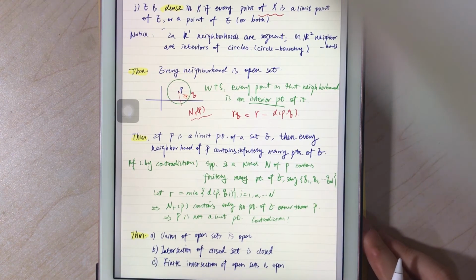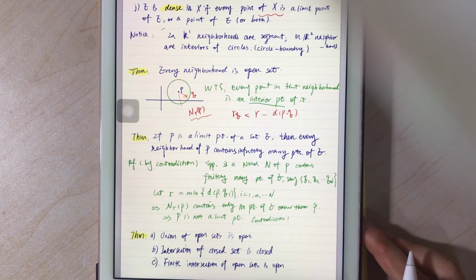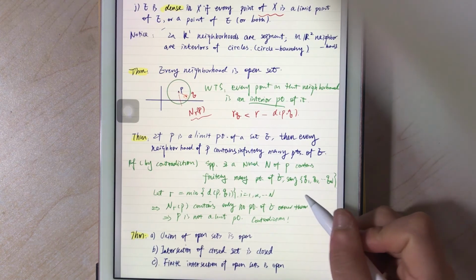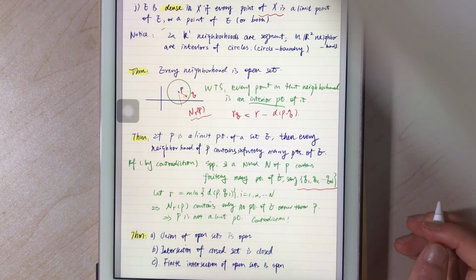Well, suppose we now have a neighborhood of P that contains finitely many points of E. So since it's finitely many, we can write it as Q1, Q2, until Qn, like this, right? So Q1 to Qn are all the elements in the neighborhood of P.